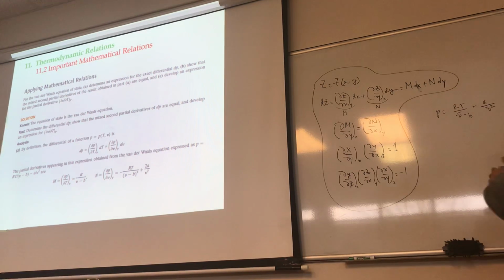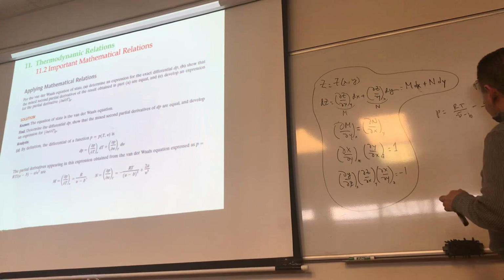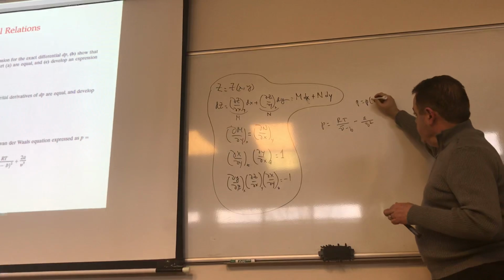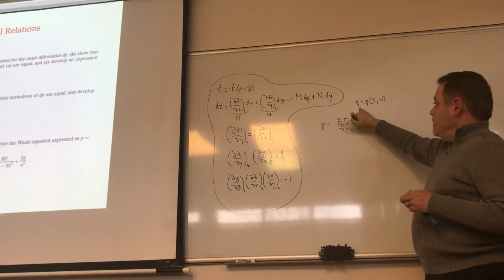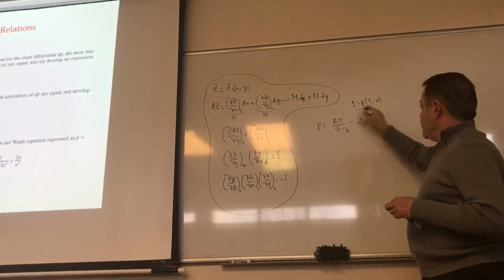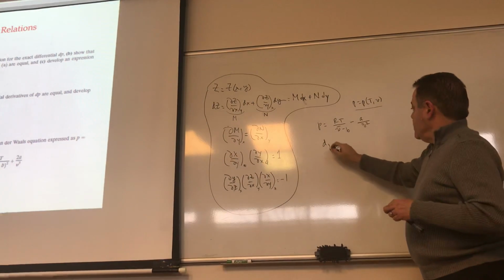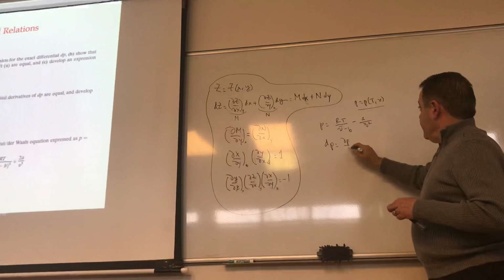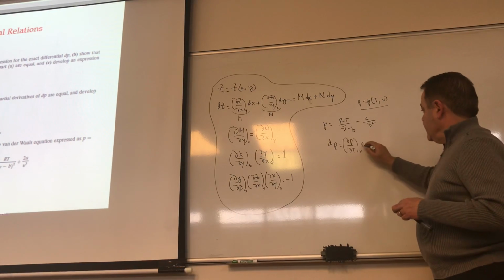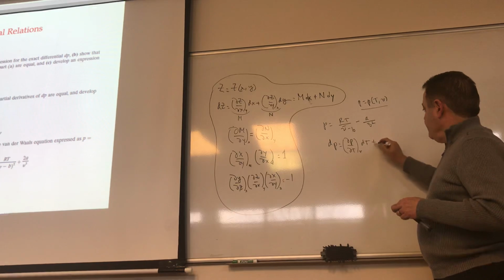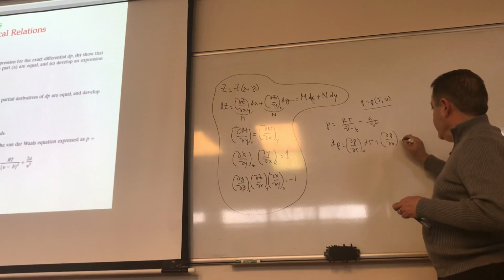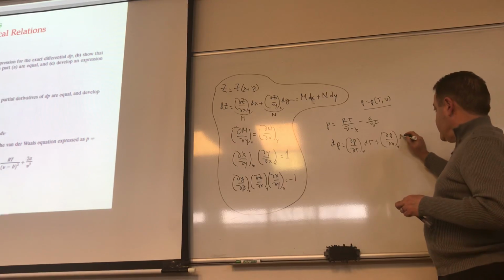So here, P is a function of T and V. Remember, Z is equal to Z of x, y. So when you have a function like this, that means that dP is equal to the derivative of P with respect to the first variable, T, at constant V, times dT, plus the derivative of P with respect to the second variable, V, at constant temperature, times dV.